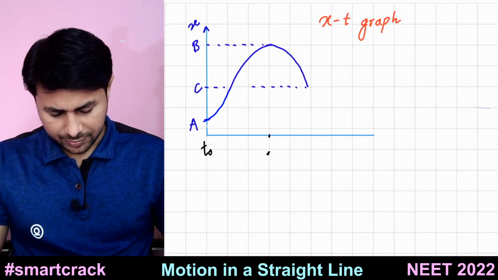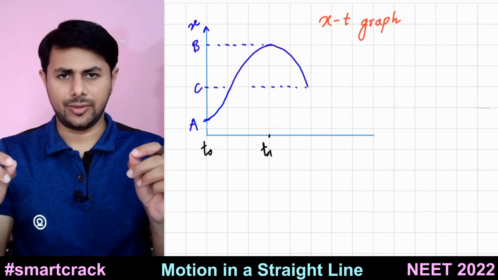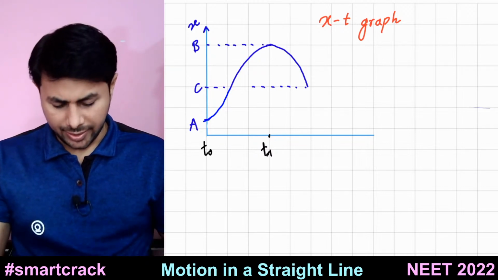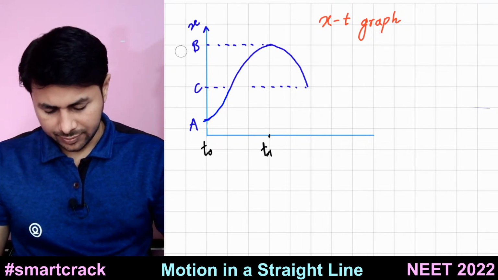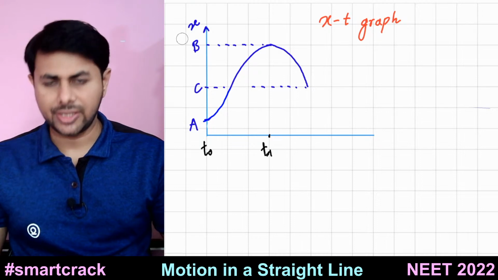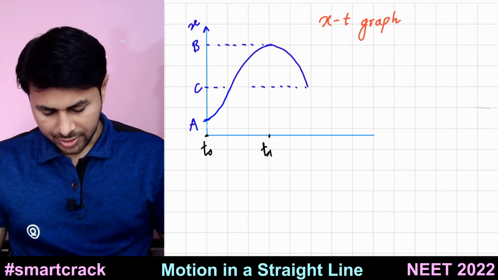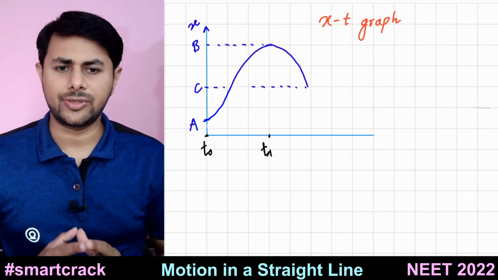So I'm going from A to B and I'm stopping there. You can see that the change in position is positive. If this is the origin, then I'm going away from the origin. So the change in position is positive.